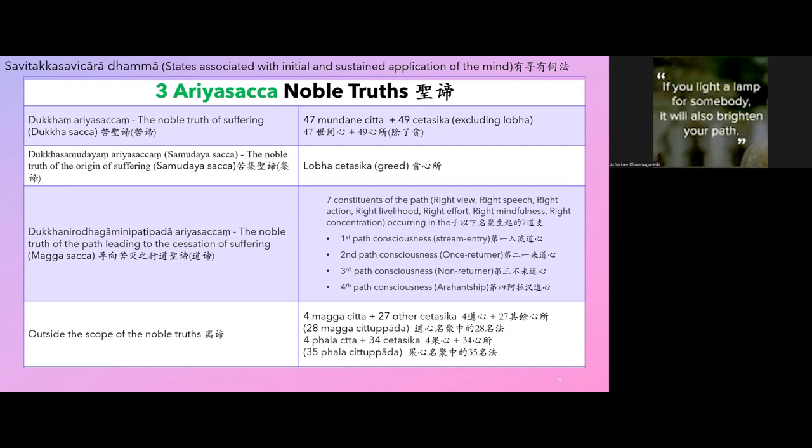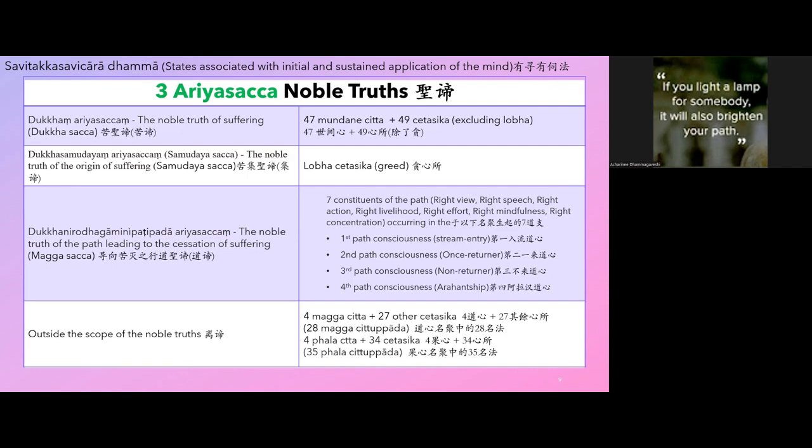Here you must remember that this is savitakkasavicārā dhamma, and we don't classify vitakka under this term. Vitakka is also right thought, one of the constituents of the path. Because it is not classified under this term, instead of saying 8 constituents of the path, we say 7 constituents of the path. That is why this is different to the other terms that we have discussed so far.